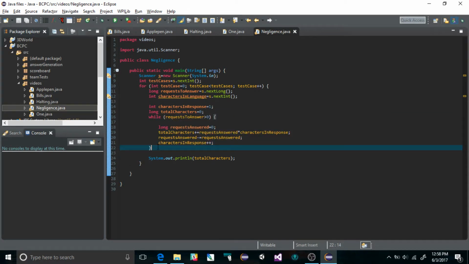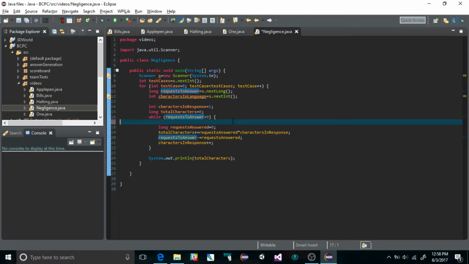The next time, we'll worry about 2-character responses and 3-character responses, etc. So we have to figure out how many requests we're going to answer, and then based on that, we'll add that many characters to the number of characters we've typed, and then we'll subtract that number from, no, this is requests to answer, my bad, from the number of requests we have left to go.